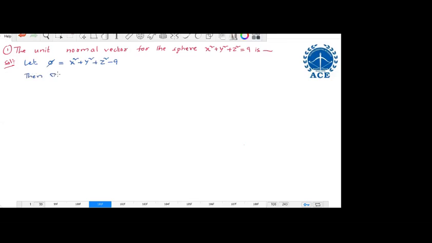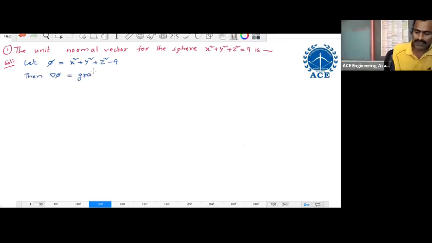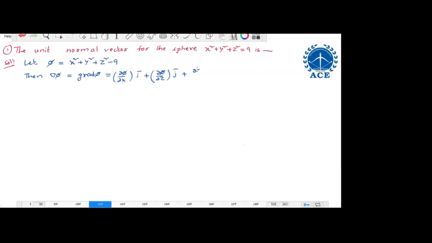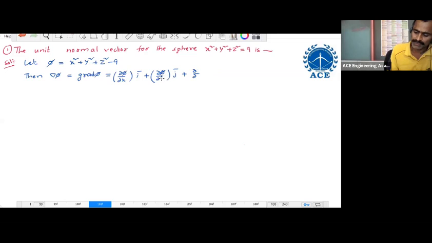Then del phi equal to grad phi equal to dou phi by dou x into i bar plus dou phi by dou y into j bar plus dou phi by dou z into k bar.